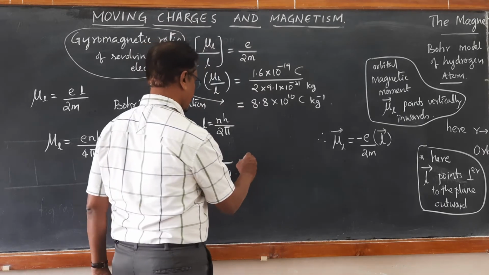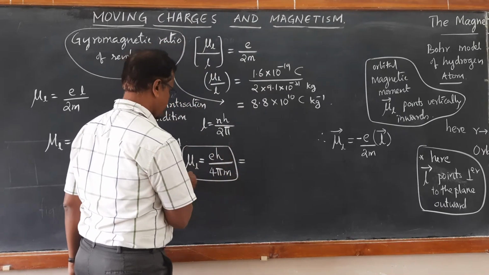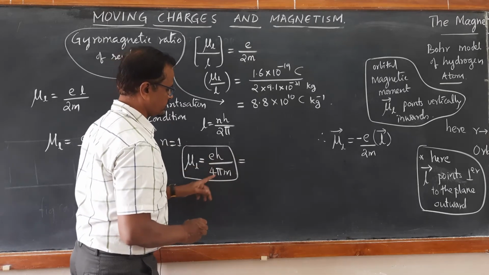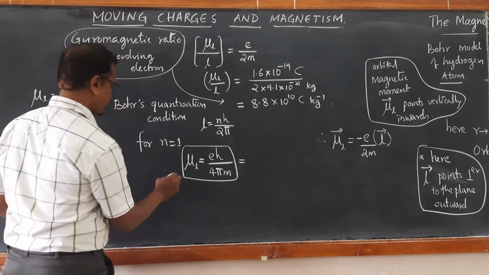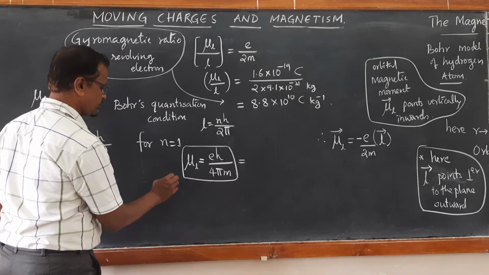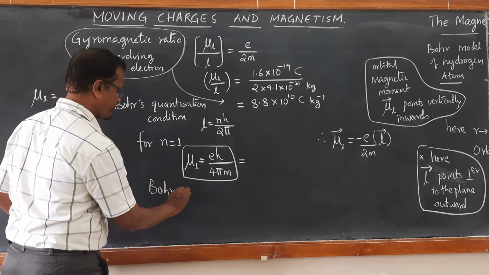If you substitute the values of the charge of the electron, Planck's constant and the mass of the electron, we get the magnetic moment of the electron in the first orbit, called the Bohr magneton.